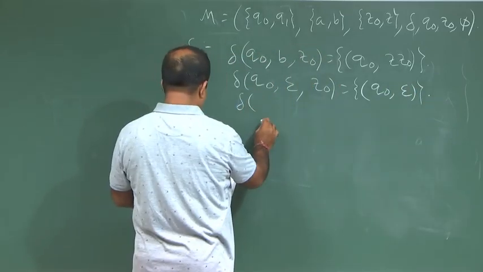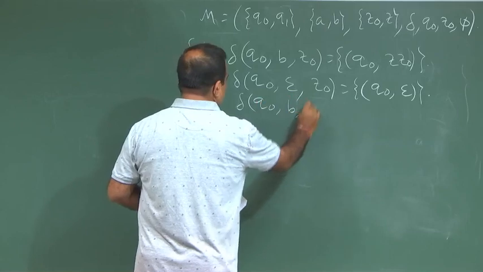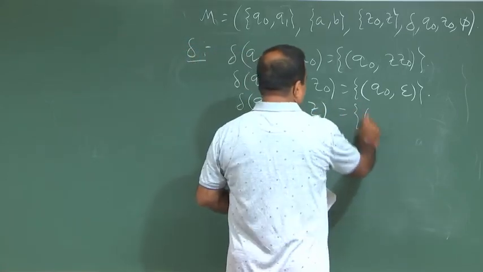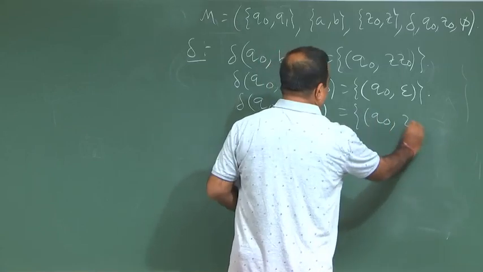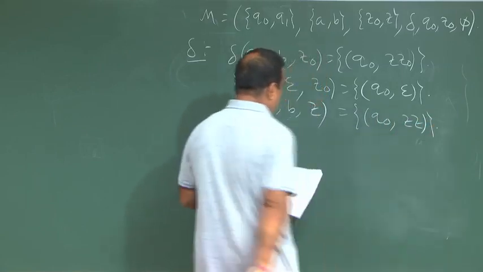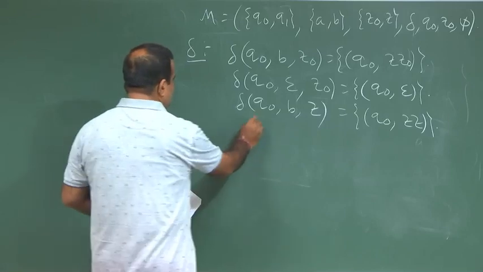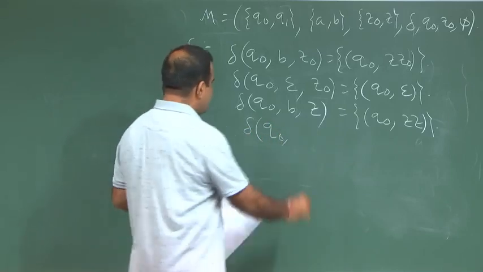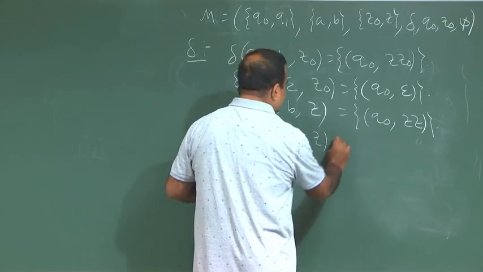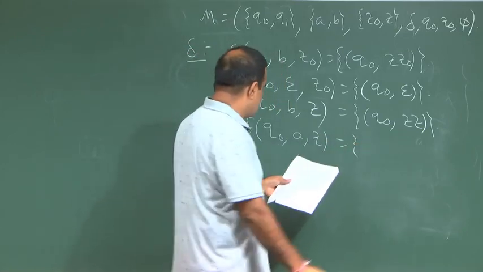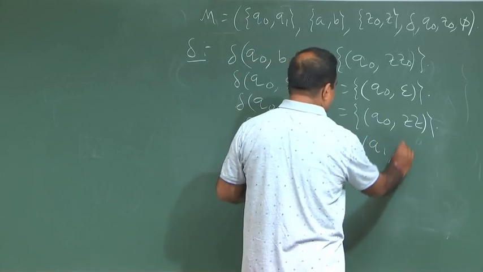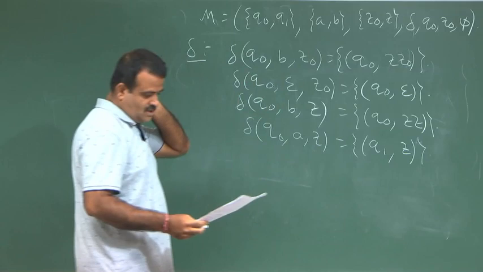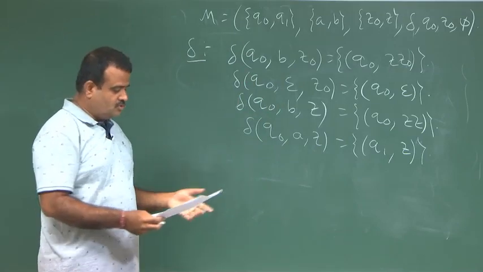Then delta of q0, b, z is nothing but q0 zz. Then delta of q0, a, z is nothing but q1 z; z will remain as z, but the state will change to q1.